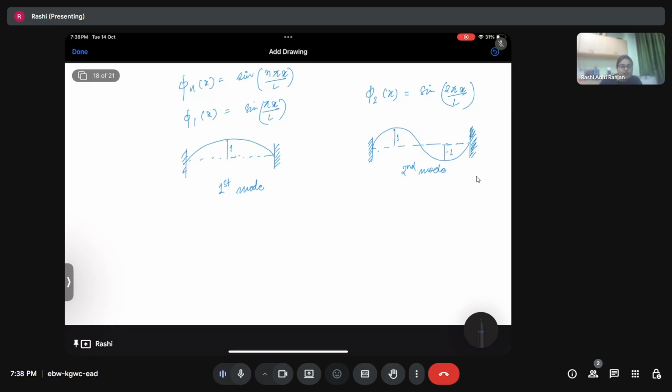So if I actuate near 1 by 4th of the string in the upward or downward direction, since it is near to the second mode, the second mode is going to get actuated. It is going to show the vibration like that of the second mode, and that is why it is going to produce different kinds of sound for different places at which the perturbation takes place. I hope it is clear.